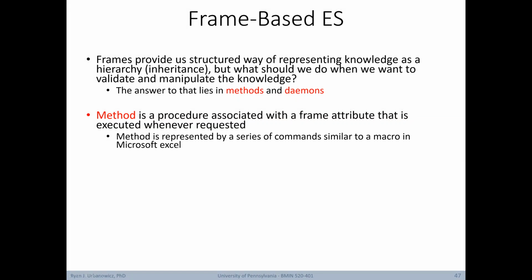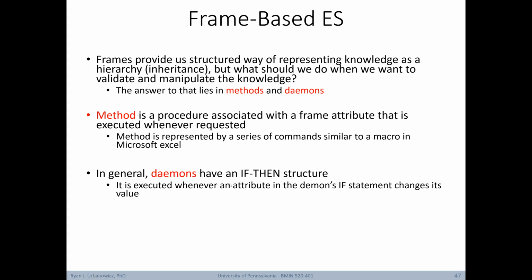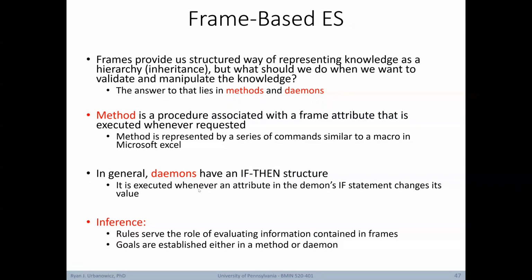So you can think of a method as being represented by a series of commands similar to a macro in Microsoft Excel. And in general, daemons have an if-then structure, and they're executed whenever an attribute in the daemon's if statement changes its value. Inference in these frame-based expert systems has rules serving the role of evaluating information contained in frames, and goals are established either in a method or a daemon.